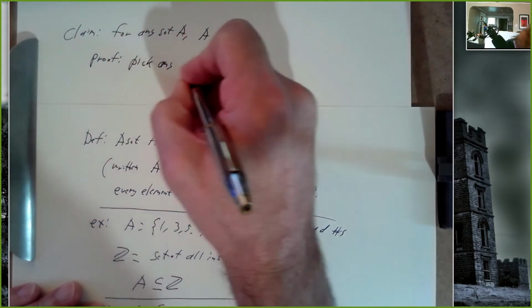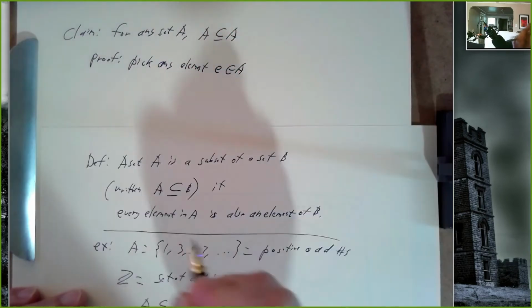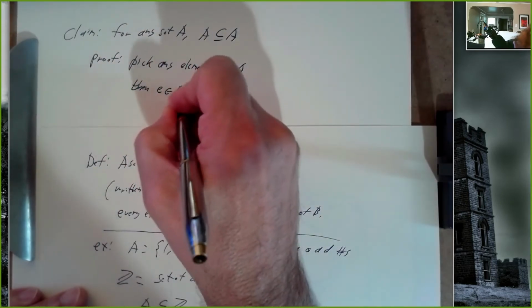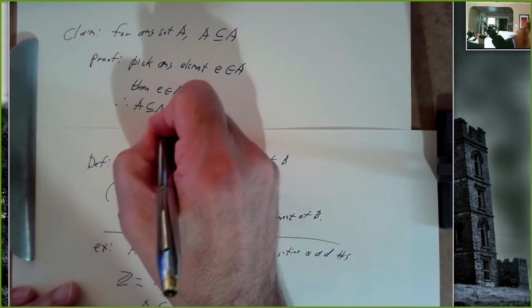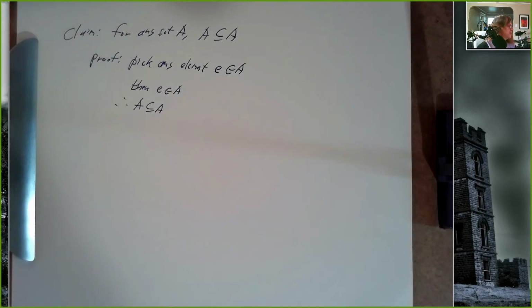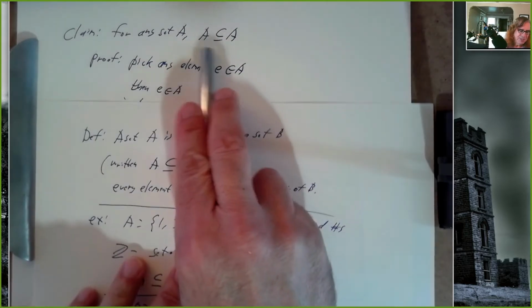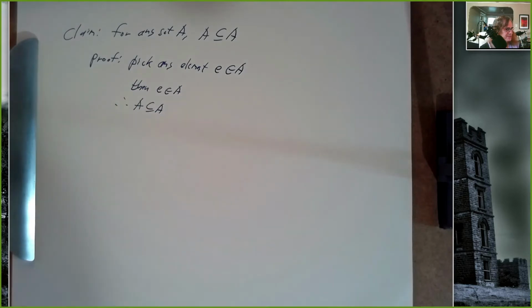Pick any element E contained in A, then E is contained in A, right? Therefore, A is a subset of A. It's almost too simple to actually do a formal proof, but I've just applied the definition. I picked an element of this set, and I showed that it's an element of that set. And that is enough to conclude that A is a subset of A.